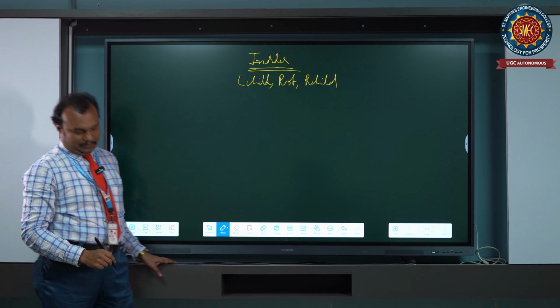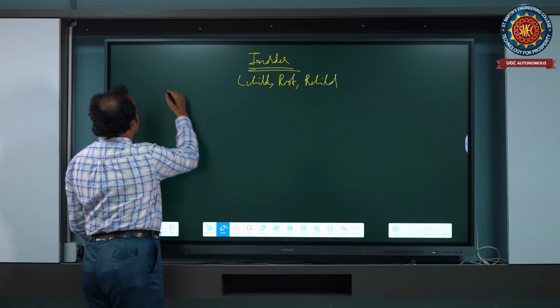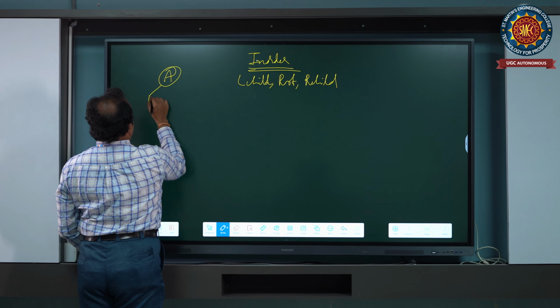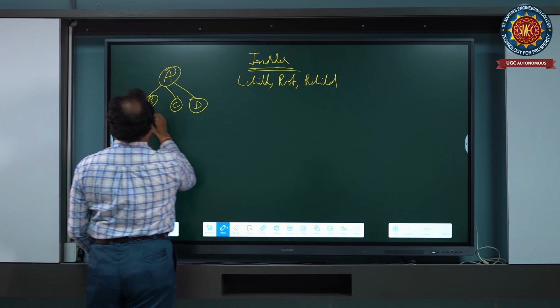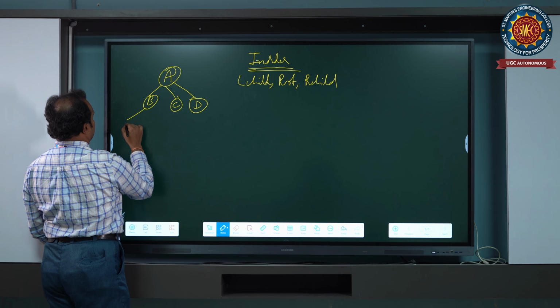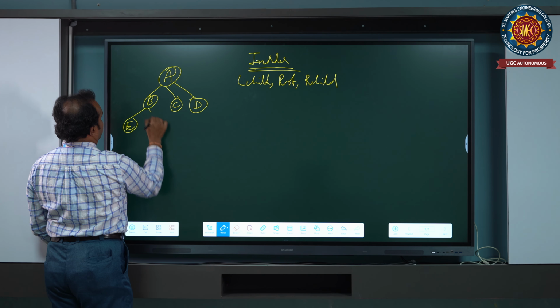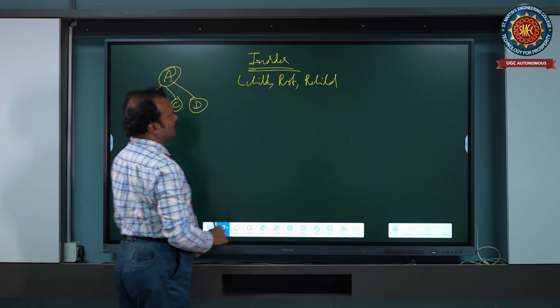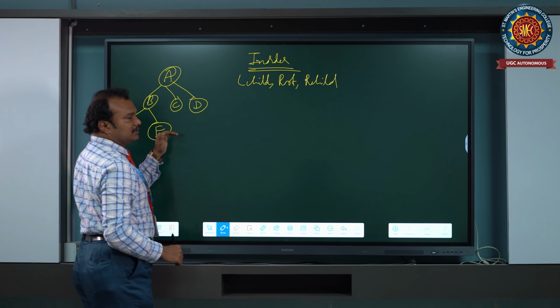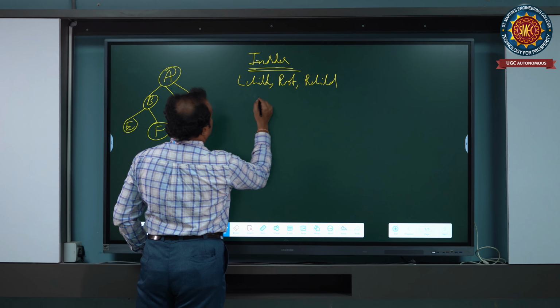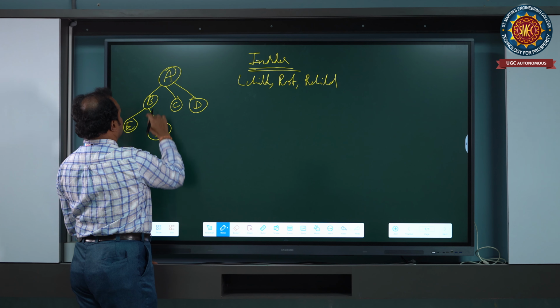So now we will take the tree with the nodes A, B, C, D, and the children of B will be E, F. Now according to the visiting order of in-order, the traversal starts from the left child.